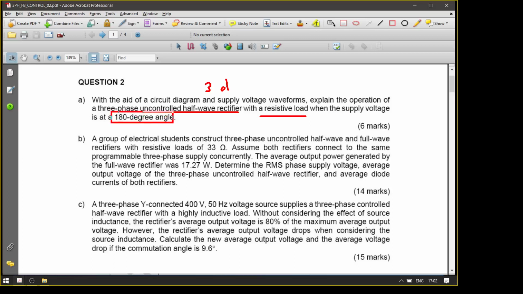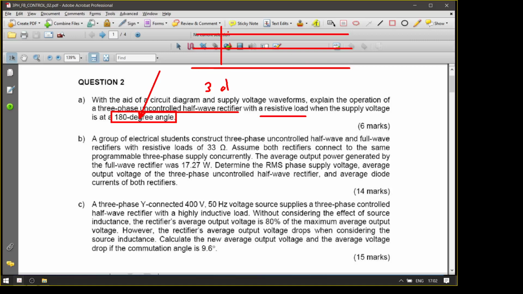When the supply voltage is at 180 degrees, this question requires you to explain when you are at 180 degrees. You only explain at that point. Remember how to sketch the waveform. Do the triangle, isn't it? So this is a three phase half wave rectifier, so you only do the one triangle.